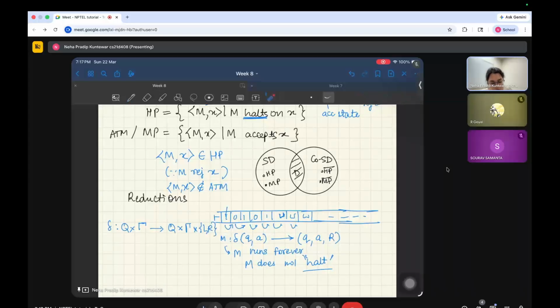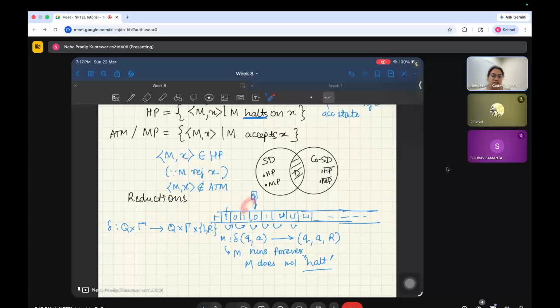Say your head points here and you are at some state Q. You look at the state that you are in and the current symbol on the tape where the head is pointing. Based on that, you decide which state to go to. This Q part is similar to what you did for DFAs: you read something and decide what state to go to. And this comma allows you to write something on the tape. If you don't want 0 to be here, the function tells you to write something else. Then left or right tells you whether you go to the left or to the right.